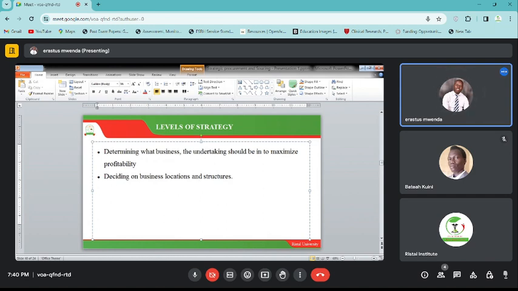Now, Porter emphasized 3 things for you to have competitive advantage. Number 1, he emphasized what we call cost leadership. He also emphasized what we call differentiation strategy, and he also emphasized the focus strategy.